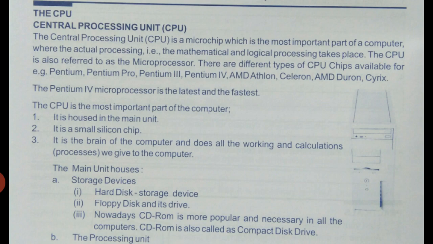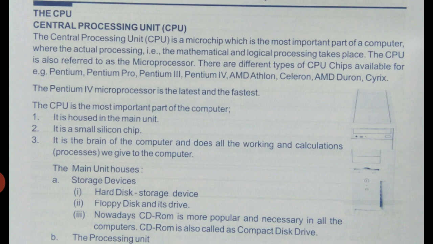The main unit houses, first, storage devices, that is hard disk storage device, second, floppy disk and its drive, third, nowadays CD-ROM is more popular and necessary in all the computers. CD-ROM is also called a compact disk drive.